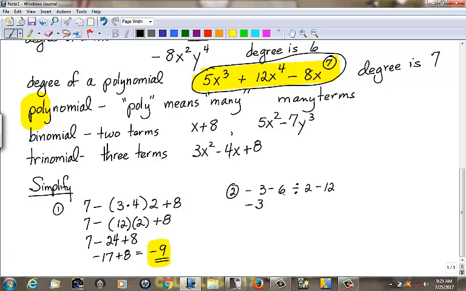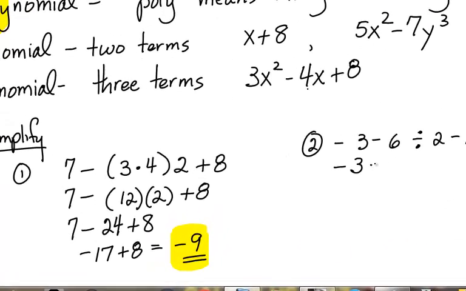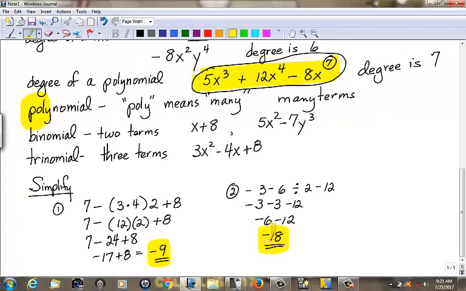So you leave the negative 3, you do negative 6 divided by 2, would be a negative 3, and then minus 12. And go left to right, negative 3 minus 3, would be a negative 6, minus 12, would be a negative 18. And then somehow indicate your answer.